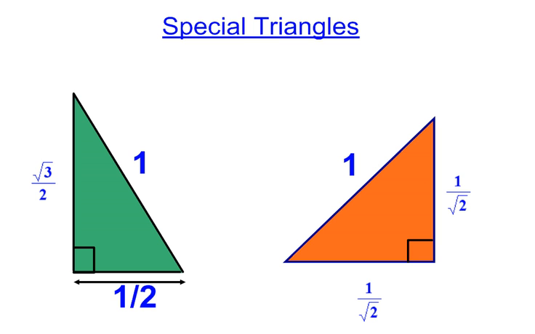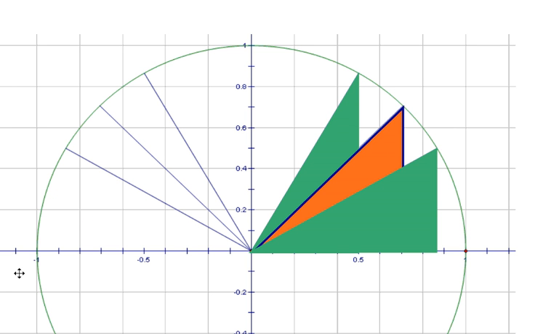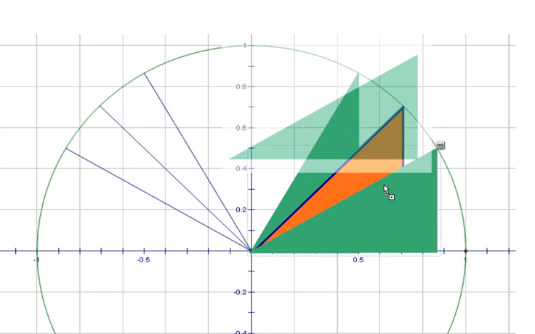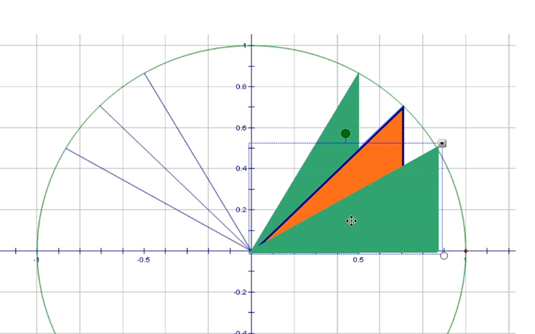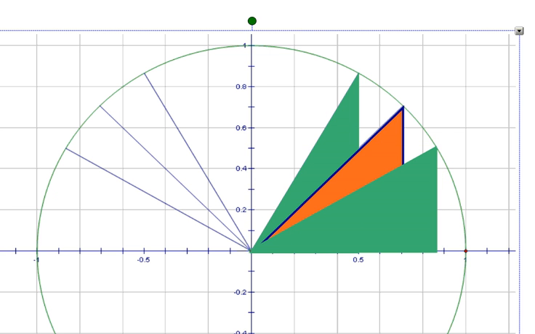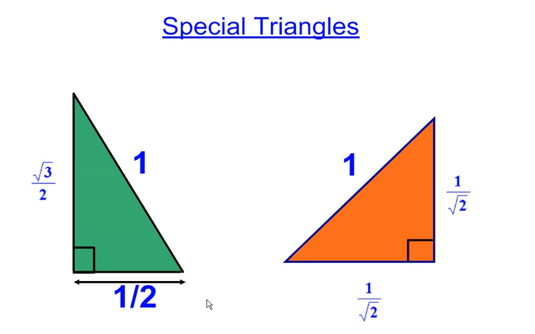Why did we do that? Later on, we're going to want to fit these triangles in what is called the unit circle. We can see part of the circle over here. It has a radius of 1. We want to fit our triangles in this unit circle. That's why we chose these sides of 1. We'll see that later on.